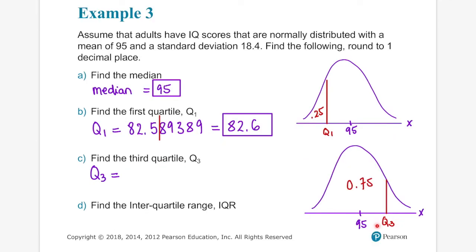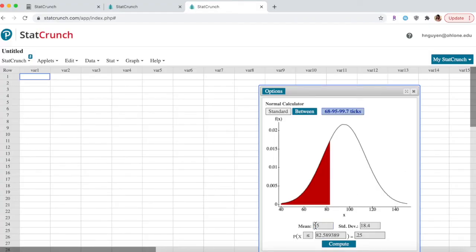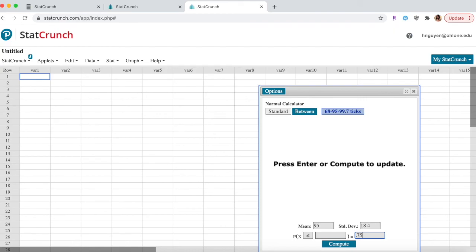To find Q3, I have the same graph, but I know Q3 is the 75th percentile, which has 0.75 on the left and 0.25 on the right. To find Q3, my mean is still 95. My standard deviation is still 18.4. I'm changing this into 0.75, and I want this to be less than.